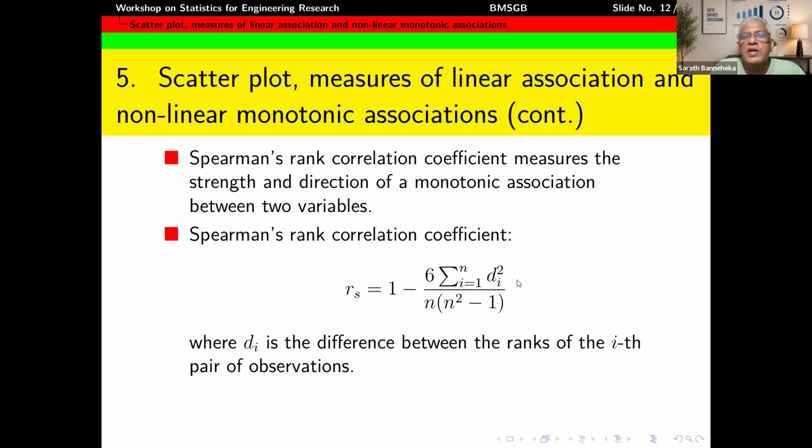Spearman's rank correlation coefficient measures the strength and direction of a monotonic association between two variables. So it is given by this formula. Here you don't see any xi, yi values, but you see some di, where di is the difference between the ranks of the ith pair of observations.